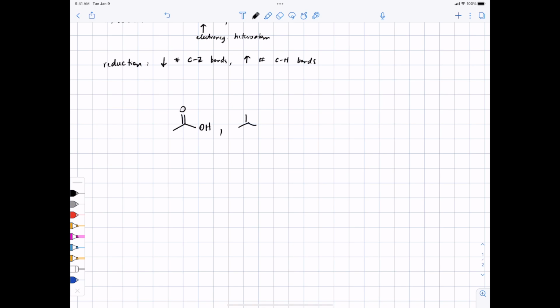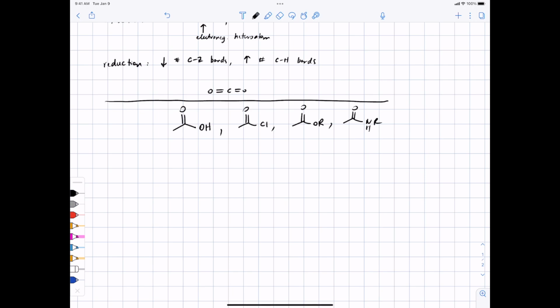So, for example, you have carboxylic acids, esters, acid chlorides, amides that are at one oxidation state. Higher than that is CO2. That's fully oxidized carbon. Can you see that CO2 has more carbon heteroatom bonds than the acid does? You've got 4 here, you've got 3 here.